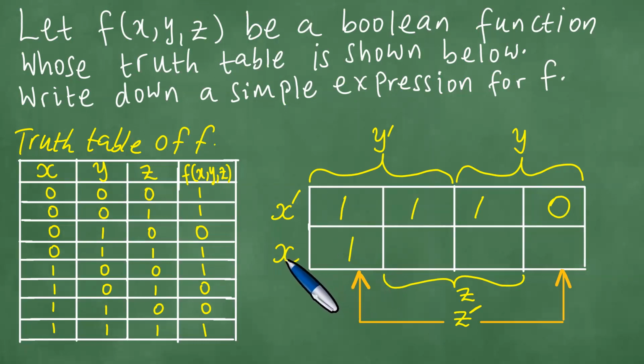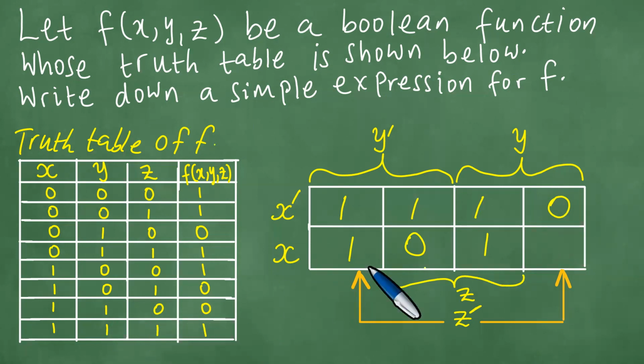This is x, y primed, and z. So it's 1, 0, 1. So 1, 0, 1, it's a 0. Next, we come to this one, which is corresponding to the X, Y, Z row. So it is 1, 1, 1. 1, 1, 1, it's a 1. So you come to this one here, which is corresponding with the X, Y, Z primed. So it's 1, 1, 0.